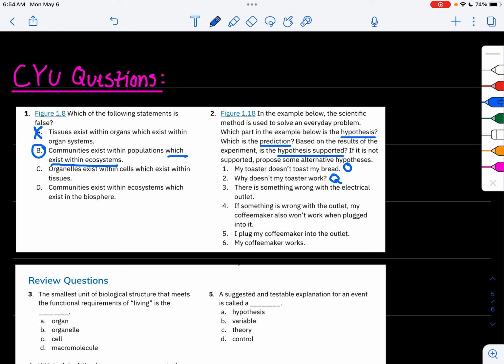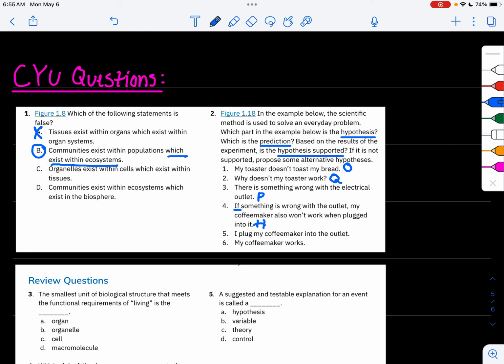There is something wrong with the electrical outlet. I think that is a prediction. If something is wrong with the outlet, my coffee maker also won't work when plugged into it. Here's an if. We could put a then here. If something is wrong with the outlet, then my coffee maker also won't work when plugged into it. Here's our hypothesis.